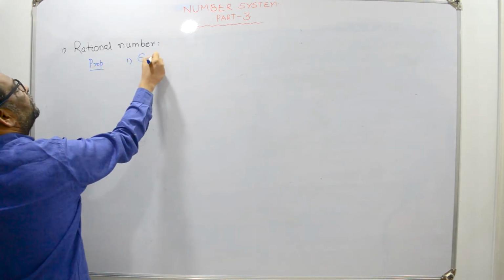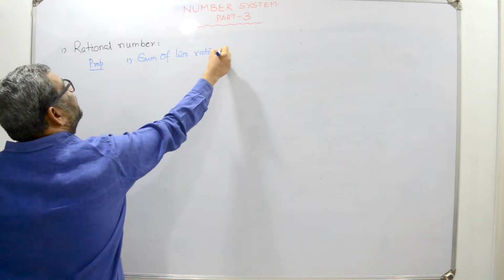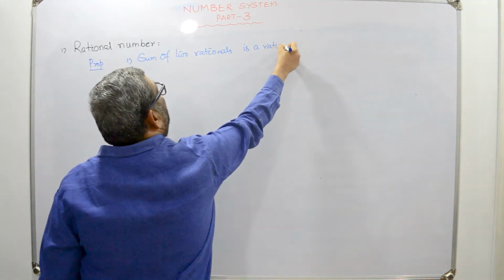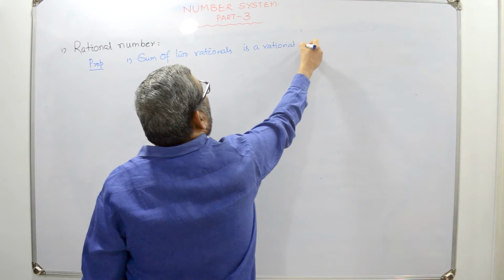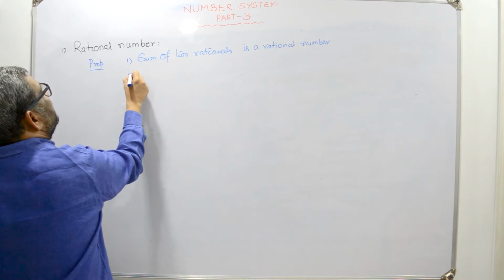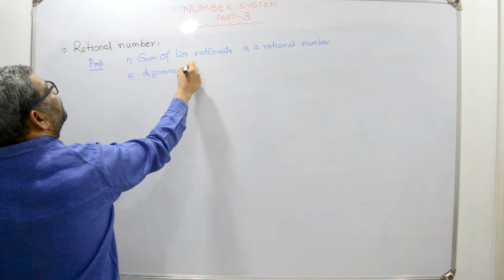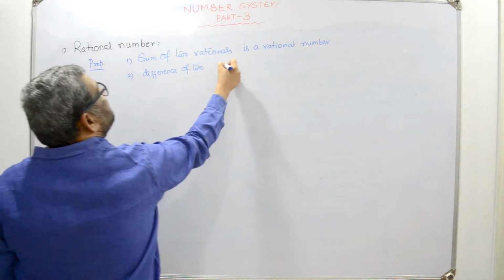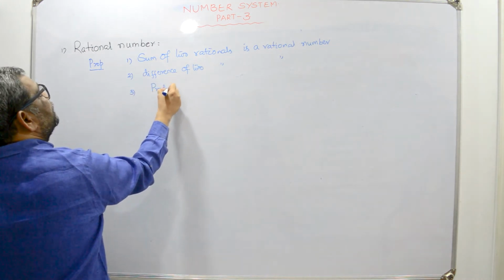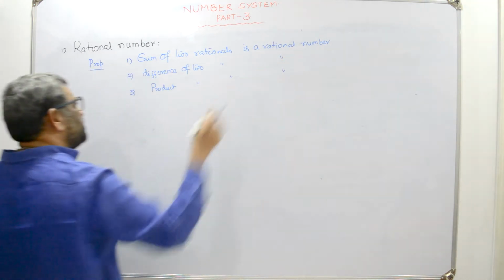Sum of two rationals is a rational number. Difference of two rationals is a rational number. Product of two rational numbers is a rational number. You can observe all these things.